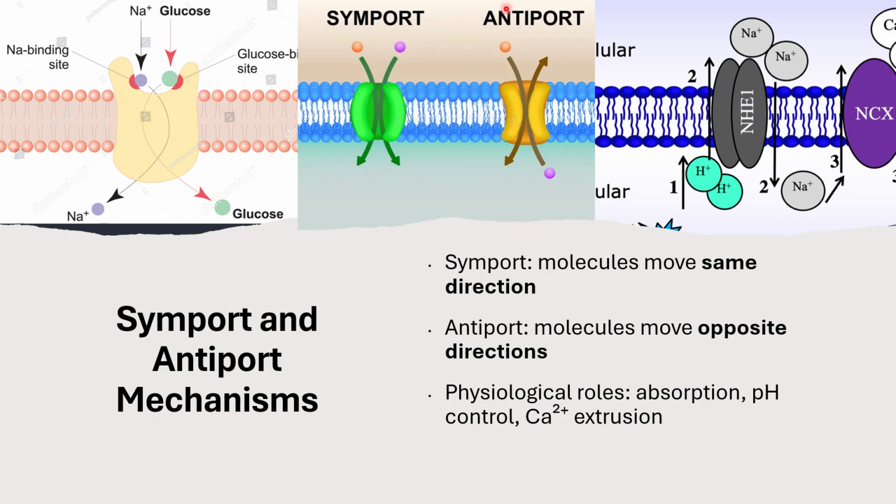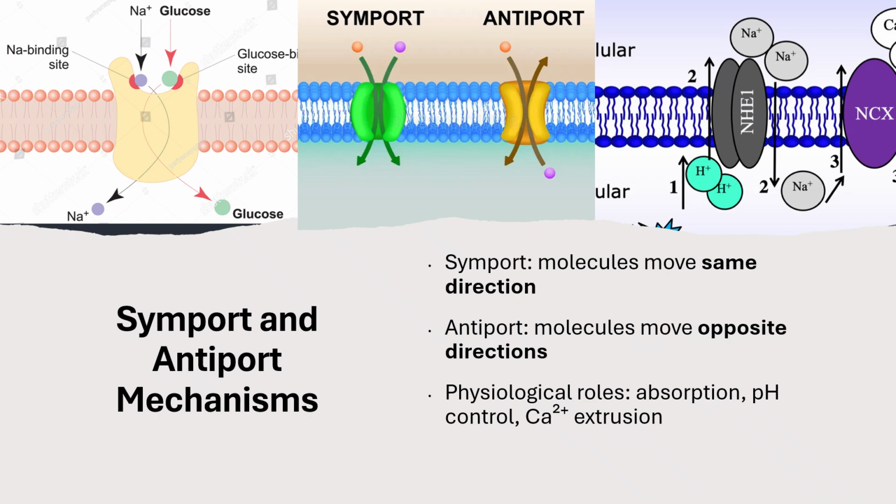An antiporter, by contrast, works like a controlled exchange. One molecule enters while the other exits. The sodium hydrogen exchanger is a classic case, using sodium's inward drive to push hydrogen ions out, quietly helping cells regulate their internal pH.